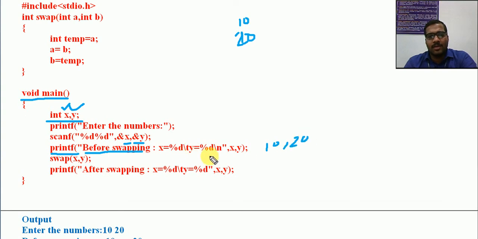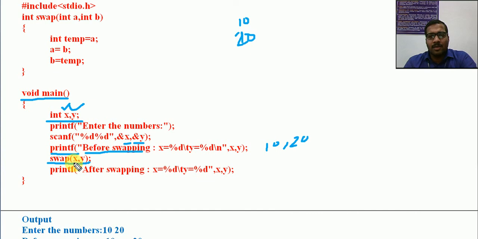That format will be printed, x equal to 10, y equal to 20. Now I am calling a function swap of x comma y. Swap is the name given to the function, and I am passing x having the value 10 and y having the value 20.